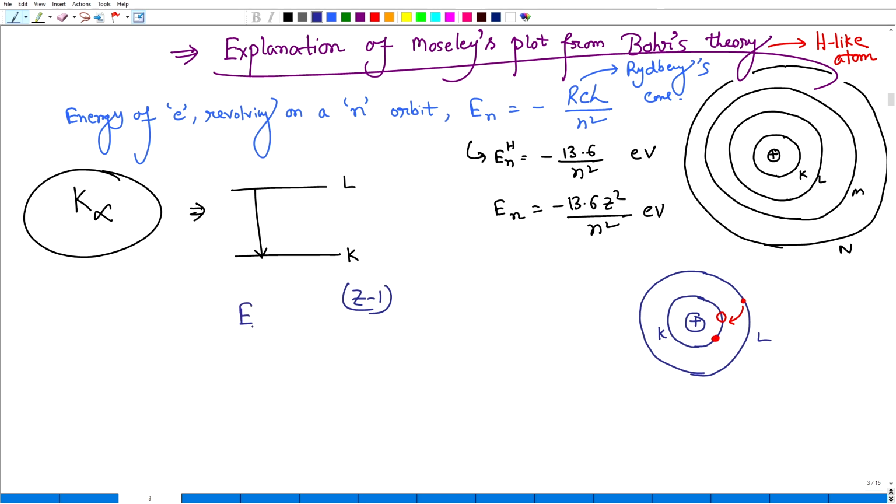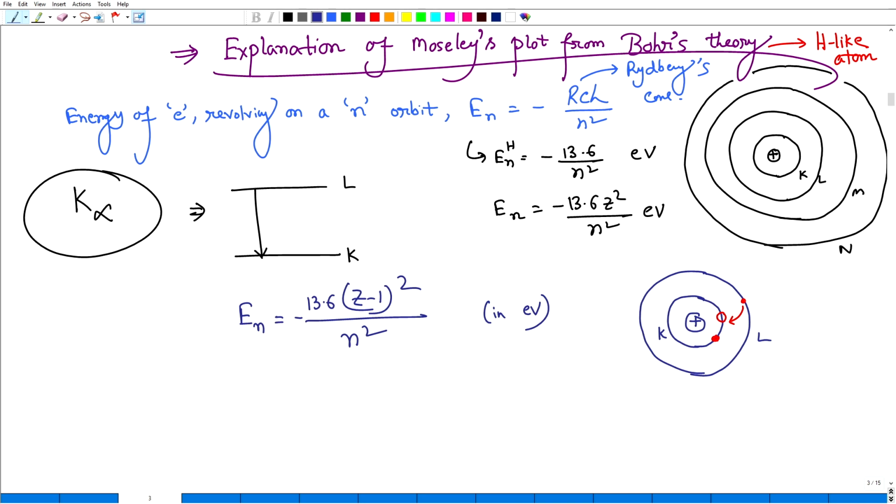So E_n should be minus 13.6 (Z minus 1) squared divided by n squared, in electron volts. This is very important, because in this way we are accounting for the role of the other electrons.